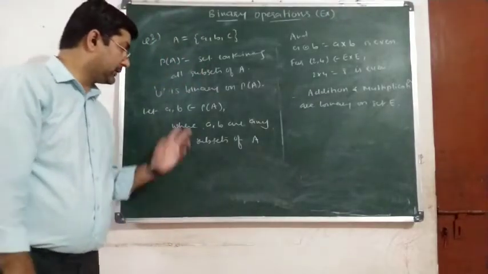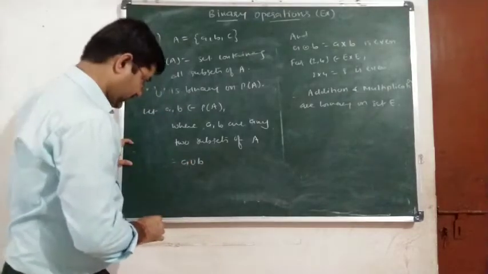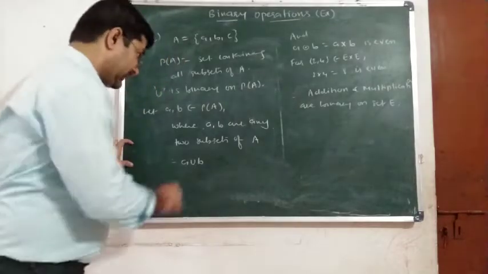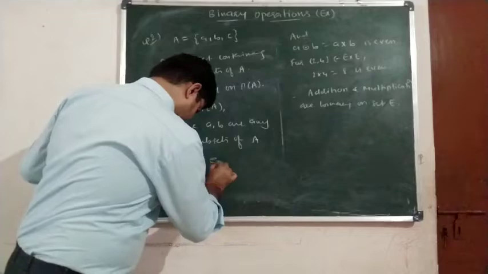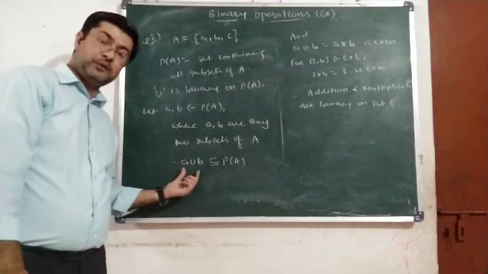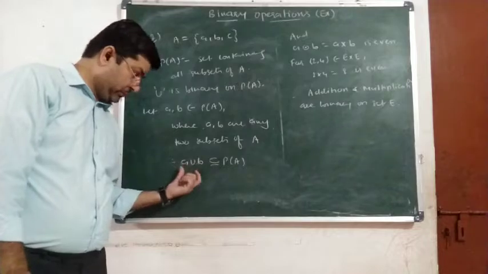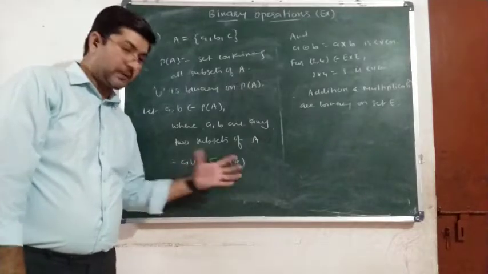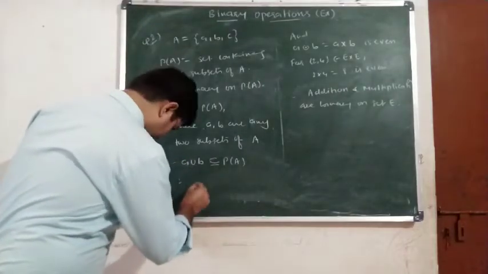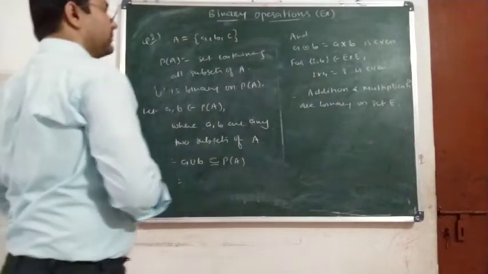Now if you take the union, A union B, obviously this will be a subset of A, so it belongs to P of A. It means if you take the union of any two subsets of set A, then the union of the two subsets will belong to the power set of A. It is very clear.